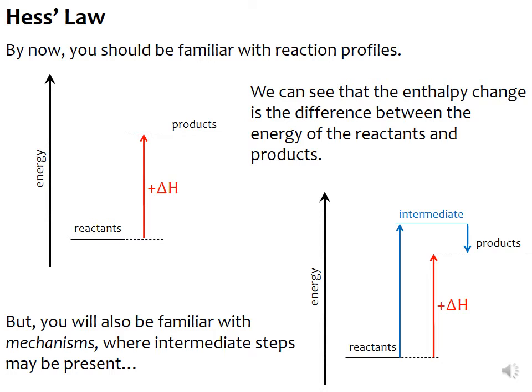Now, if we look at these two arrows, we've got this little downwards arrow, and that will cancel out the equivalent amount of that up arrow. And we will see there that the actual energy change is exactly the same whether we've got an intermediate or not. And this is just to show us Hess's law.